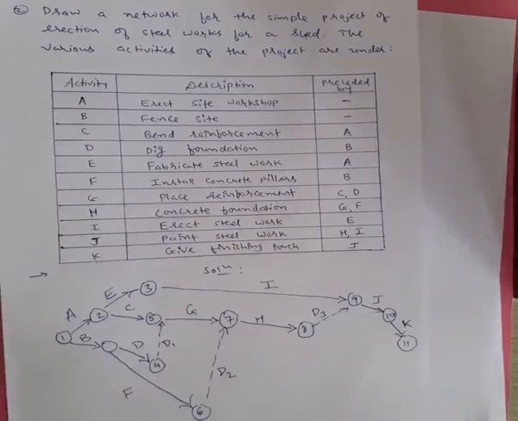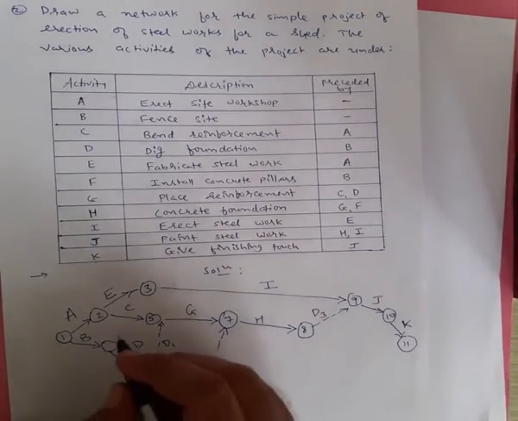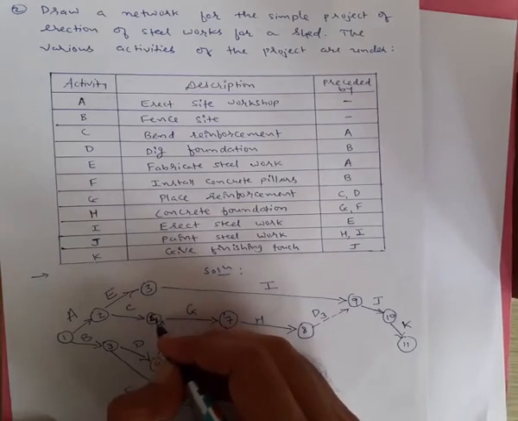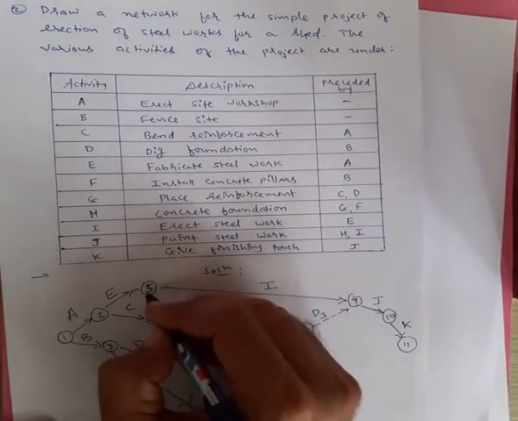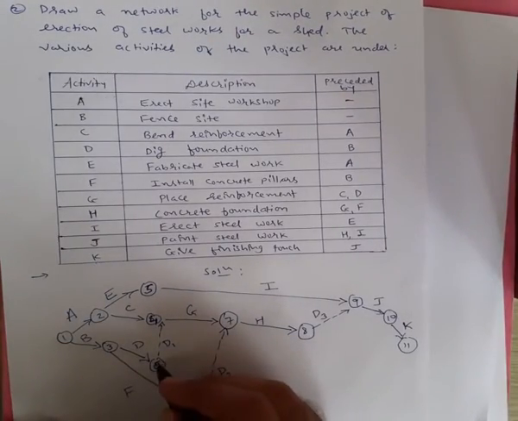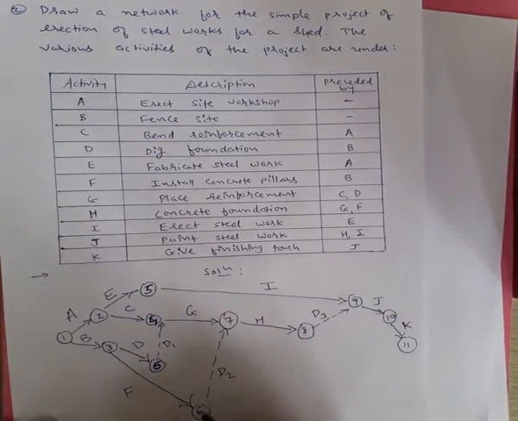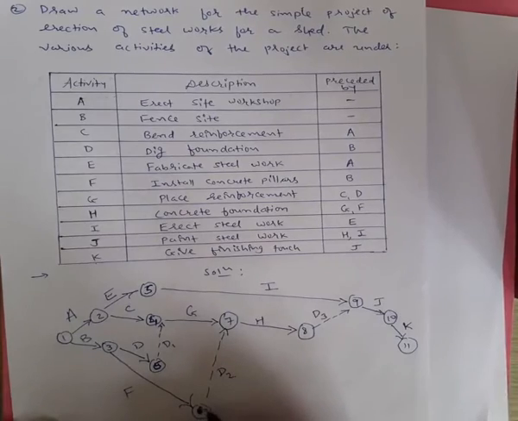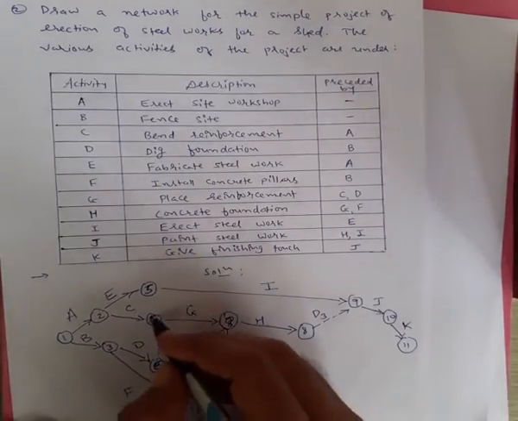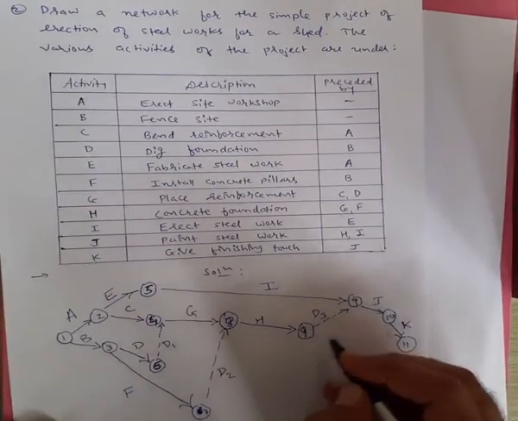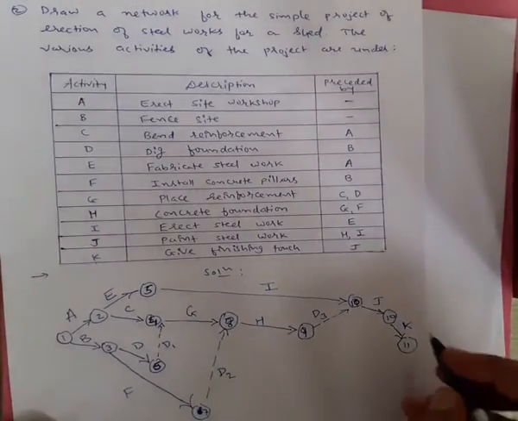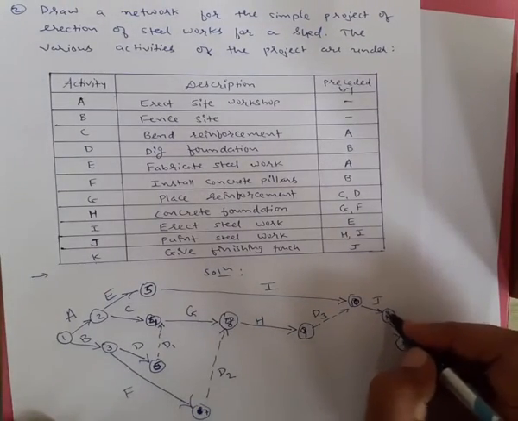This is 1, this is 2, this is 3. For example, there is a mistake. This is 4, this is 5, this is 6, this is 7, this is 8, this is 9, this is 10, this is 11, and this is 12.